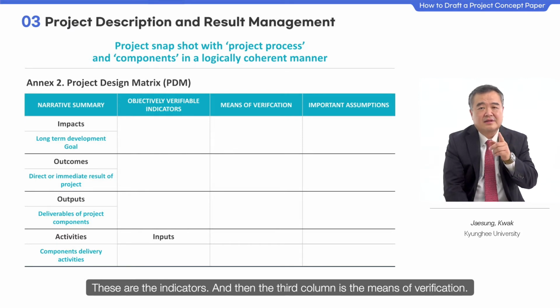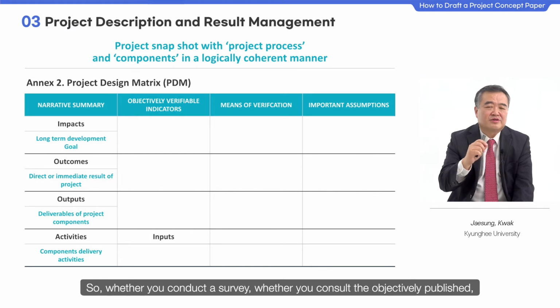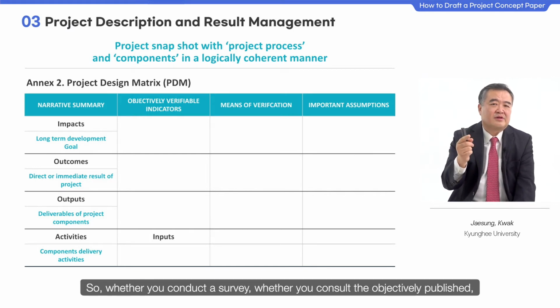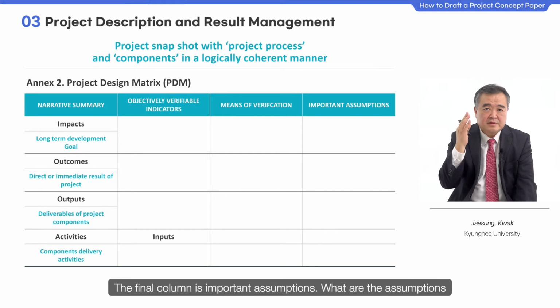And then the third column is the means of verification. That means how are you going to achieve the indicator? Whether you conduct a survey, or whether you consult the objectively published data sources of your government, and something like that. The final column is important assumptions.